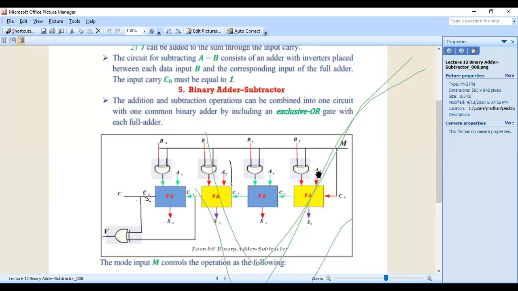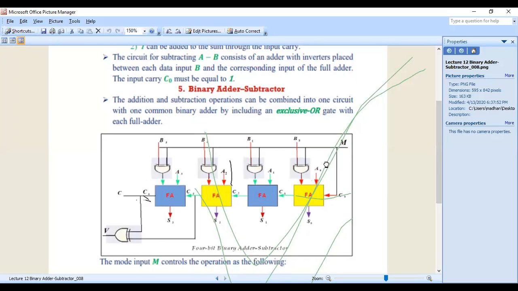This is the A input and here is the B input, and here we pass the M value. If M is equal to 0, this circuit diagram will perform addition. If M is equal to 1, it performs subtraction. Is it clear?